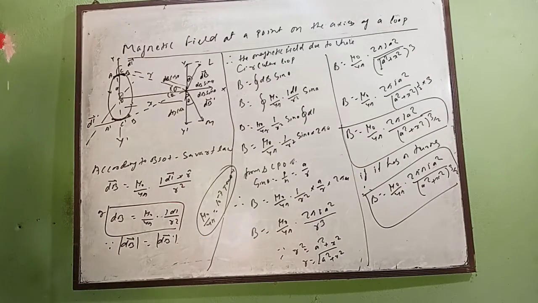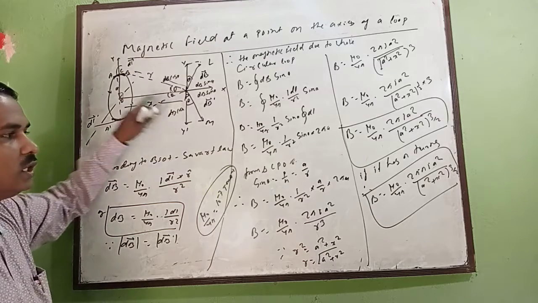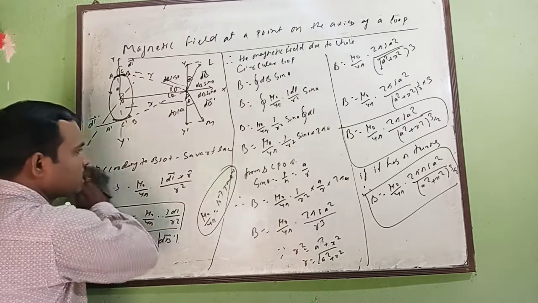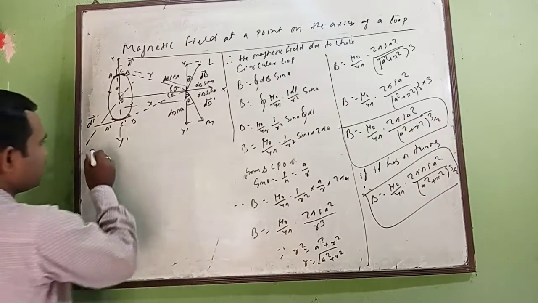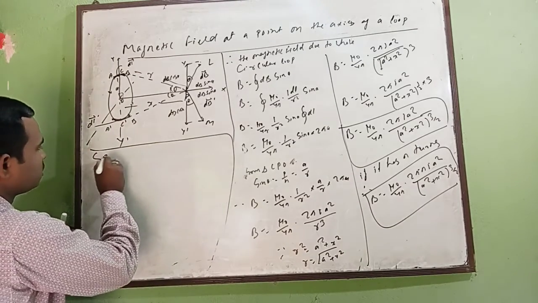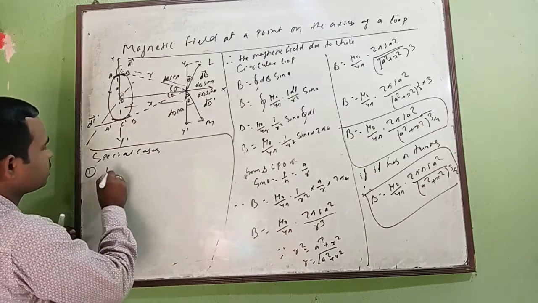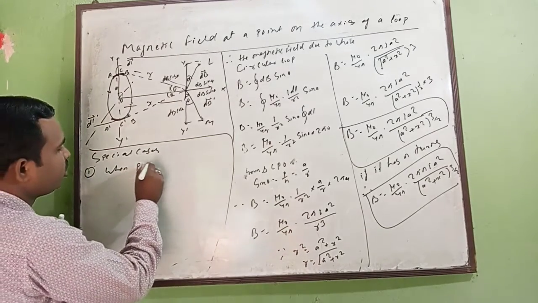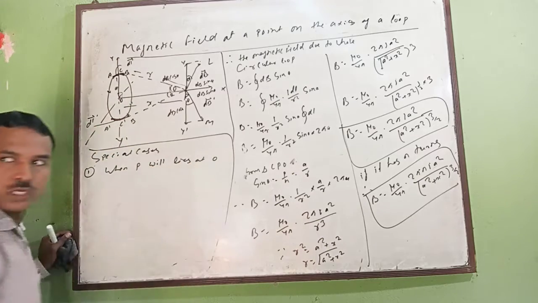And now you can find out the special cases. What will be the special cases? Suppose this P lies here, how will you find out? First, take when P lies at O, the origin.